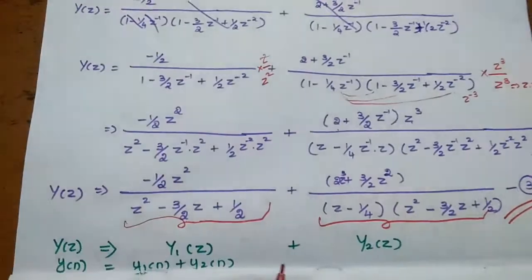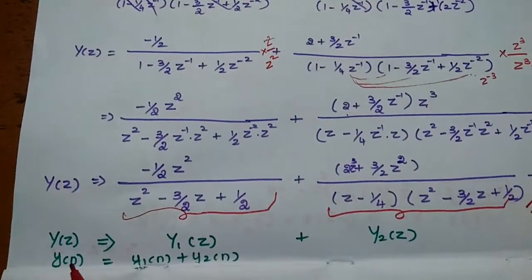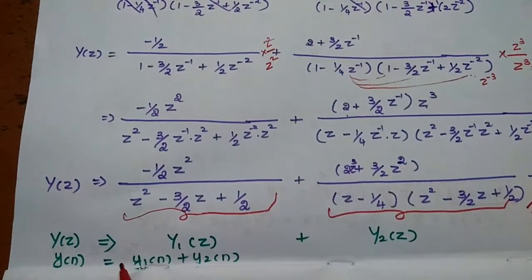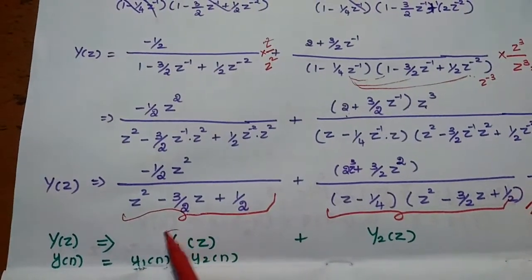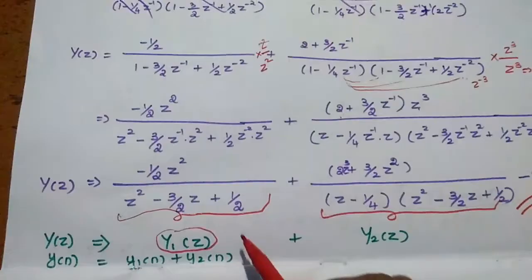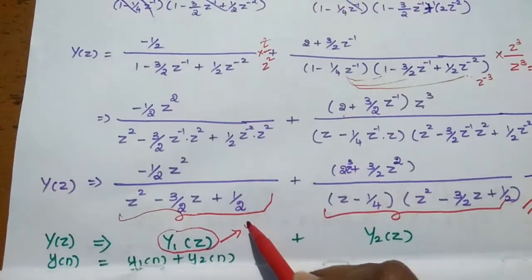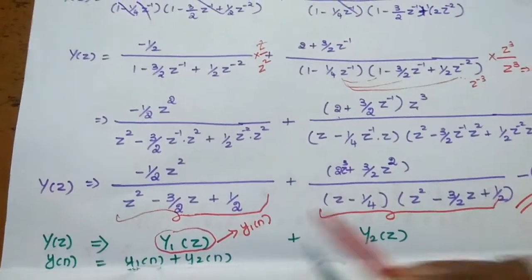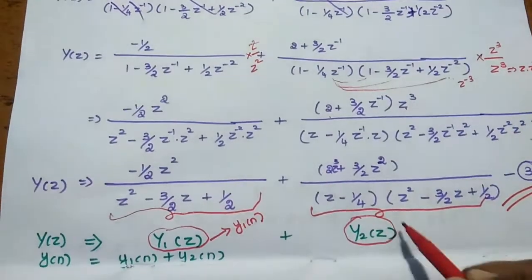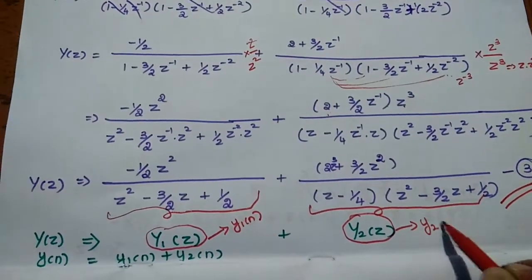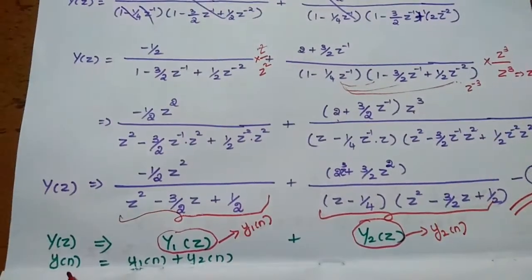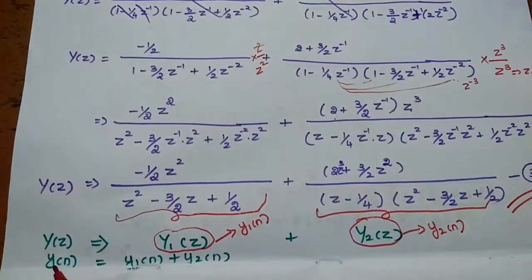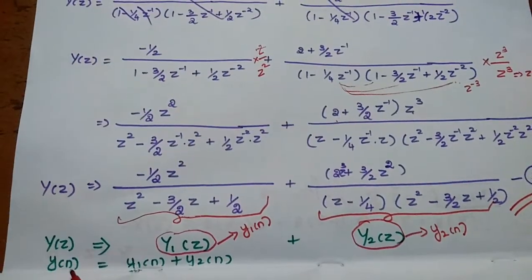Okay. So next we want to find out y of n. So y of n is equal to y1 of n plus y2 of n. So we need to find out y1 of z, and from this y1 of z we are going to find out y1 of n, and then y2 of z. From this y2 of z we are going to find out y2 of n, and then add these two values to get the final total output response y of n.